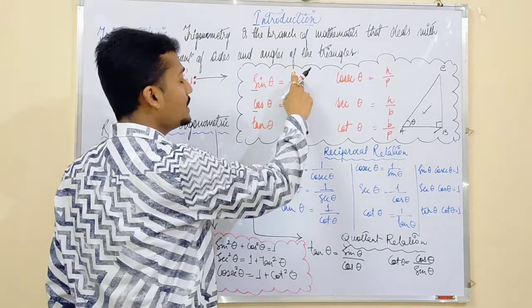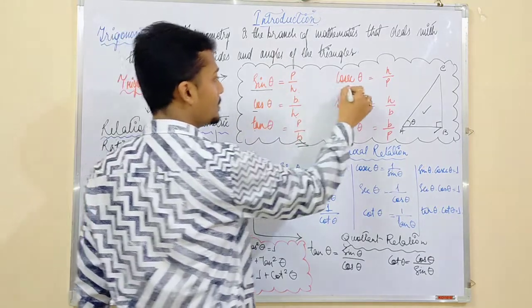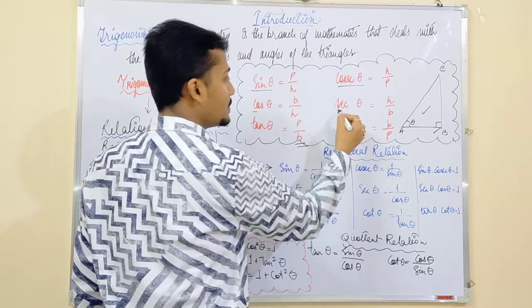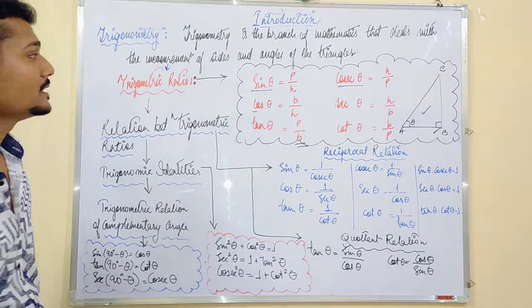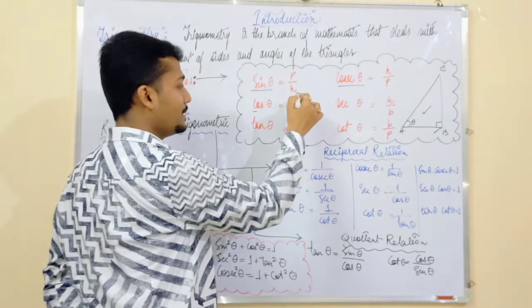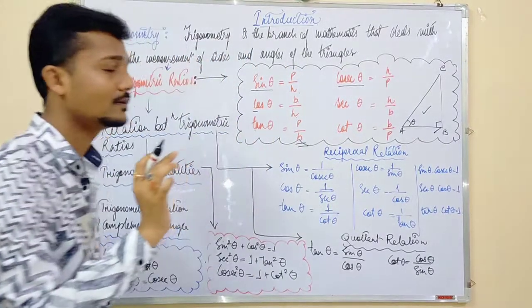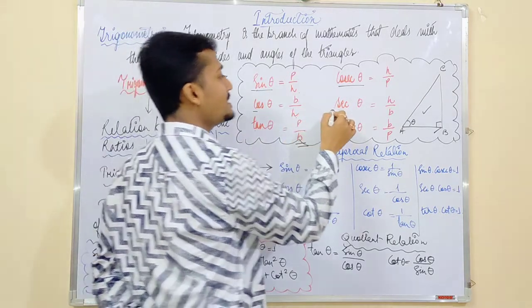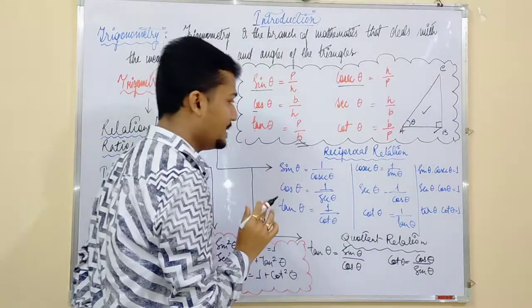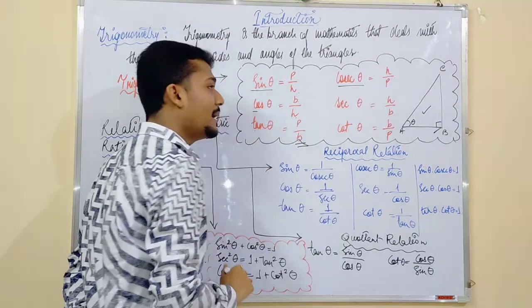After this you have to remember that the opposite of sin is cosec, the opposite of cos is sec, and the opposite of tan is cot. That means sin theta is p by h, so cosec theta will be h by p. Cos theta is b by h, so sec theta will be h by b. Tan theta is p by b, so cot theta will be b by p.